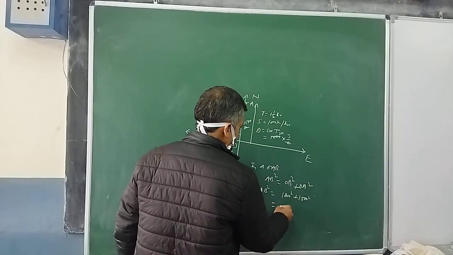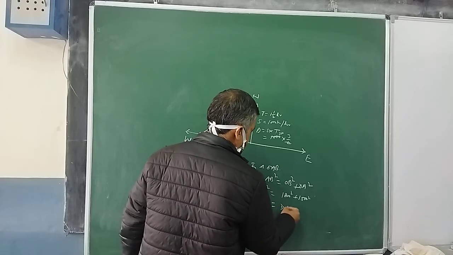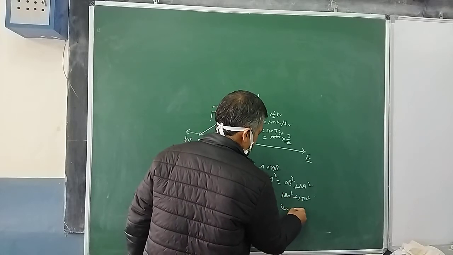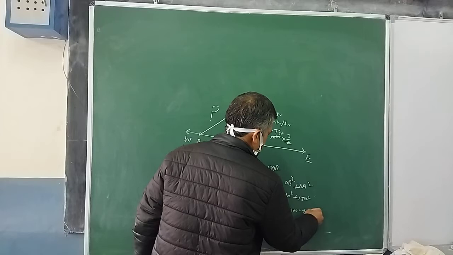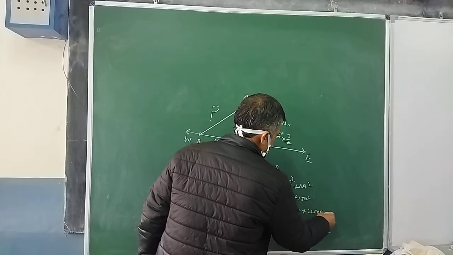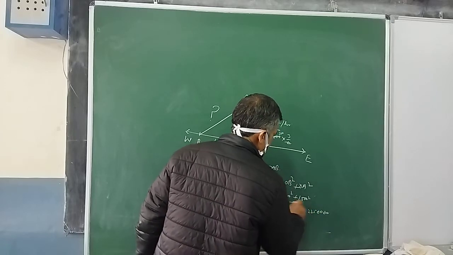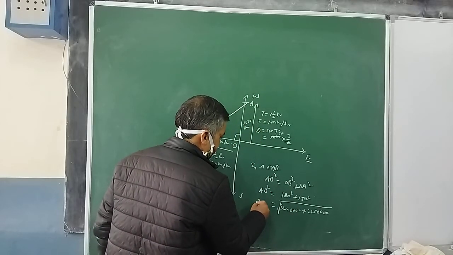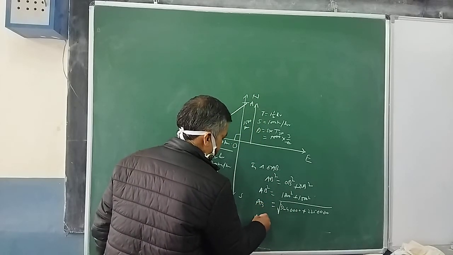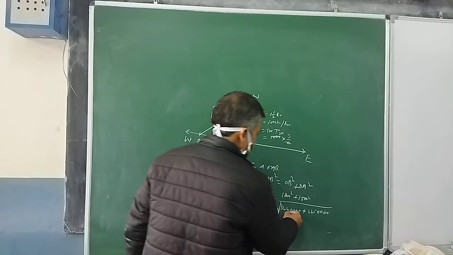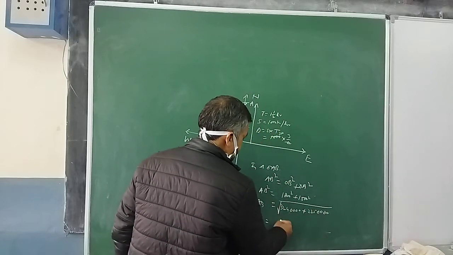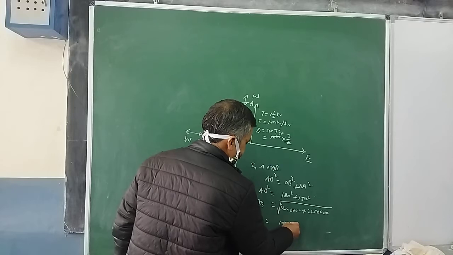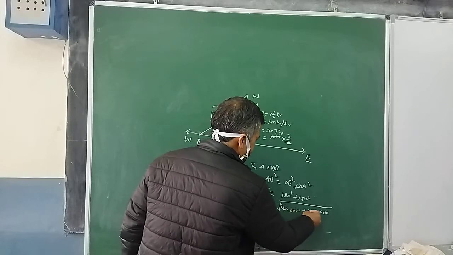So you know the square of 1800 is 324 with 4 zeros, and 225 again with 4 zeros. Take the square root of this, that will give you AB. From the calculations point of view, 10,000 you can take common, which is a perfect square.